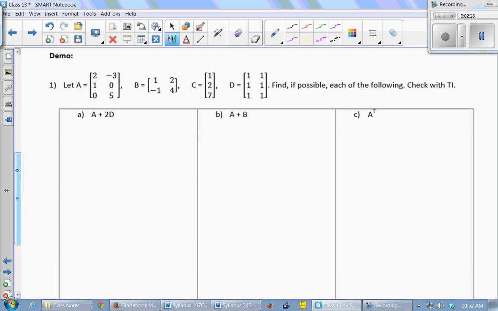Okay, so if I have matrix A, matrix B, vector C, matrix D, I want to find each of these things. I want to do A plus 2D. So how do I do that? I'll write it out. A is 2, 1, 0, negative 3, 0, 5, plus 2 times D, which is 1, 1, 1, 1, 1, 1.